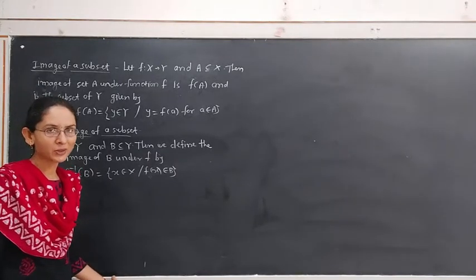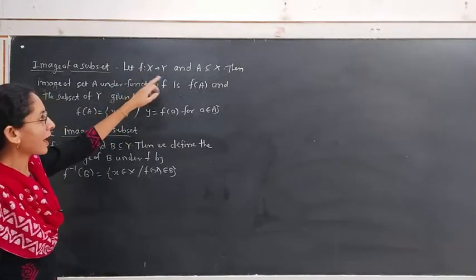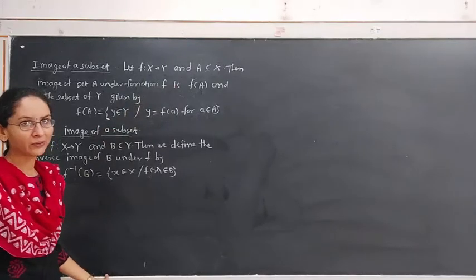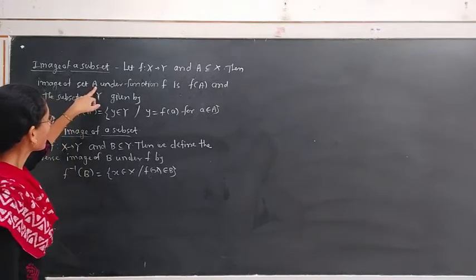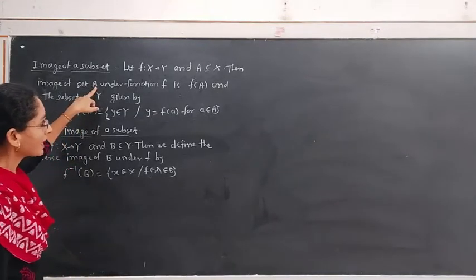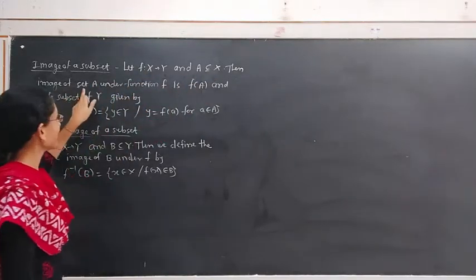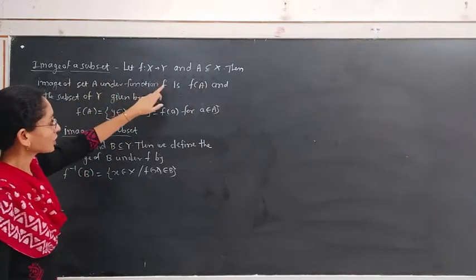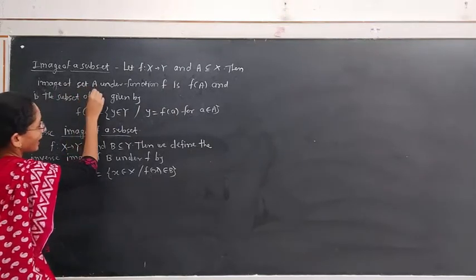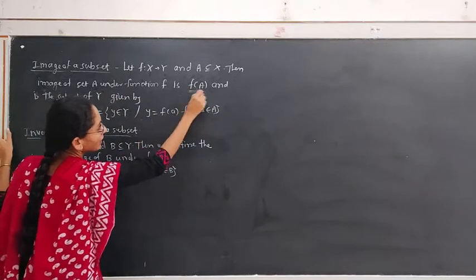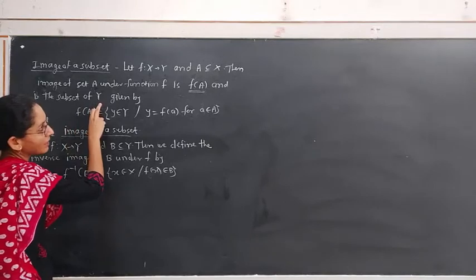If f is a function from x to y, that means x is the domain set of f and y is the codomain set of f, and A is a subset of the domain set of f, that is, A is a subset of x, then the image set of A under the function f is f of A, where f of A is a subset of y.